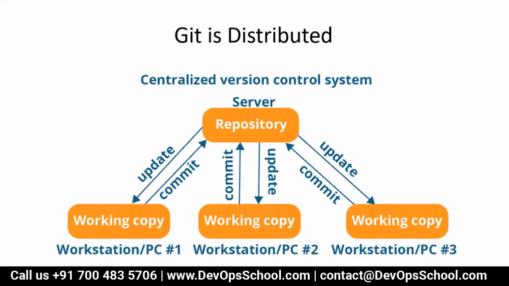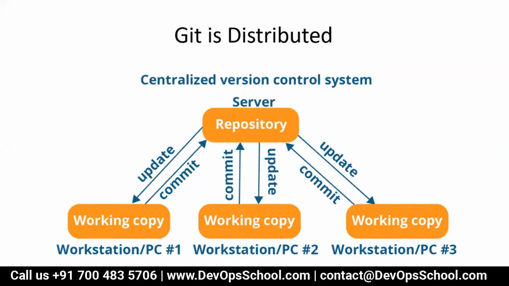Git is distributed, but the image you are seeing here is a centralized version control system. What is a centralized version control system? CVS, SVN, Perforce, ClearCase, the tools I talked about, are based on the centralized version control system.